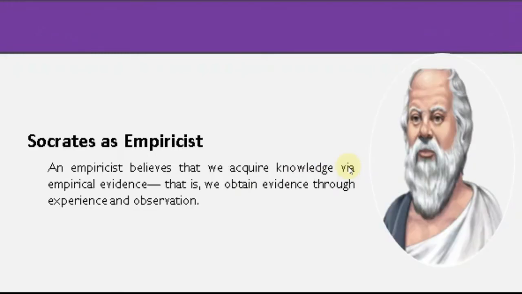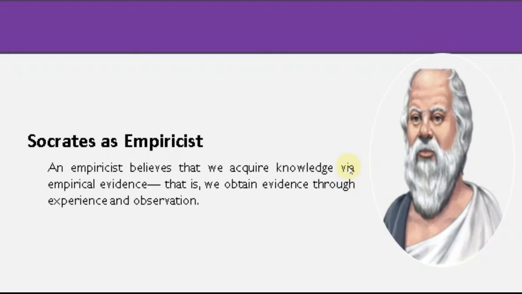Next would be Socrates as empiricist. When we say empiricist, it's more on experience. So what happened to Socrates and Plato? Socrates is a student of Plato. So he contradicted the philosophical data of Plato. After 12 years, when Plato died, Socrates went back to the place kung nasaan si Plato.